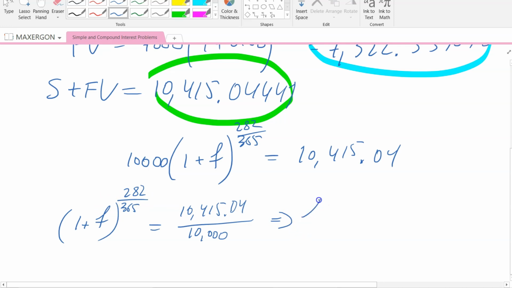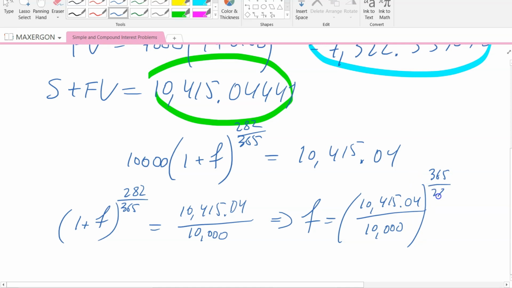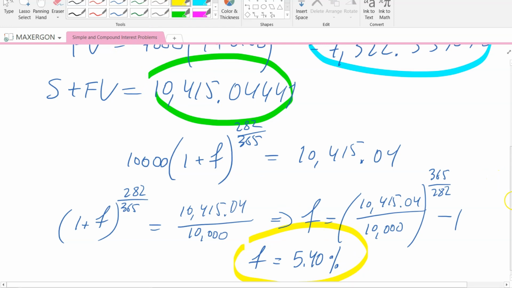We'll obtain that f is equal to 10,415.04 divided by 10,000. Exponent will be reciprocal, so 365 divided by 282 minus 1, because there is 1 here. So this gives us f, 5.40% if rounded to two decimals. That's the effective rate which we had to find for this problem.